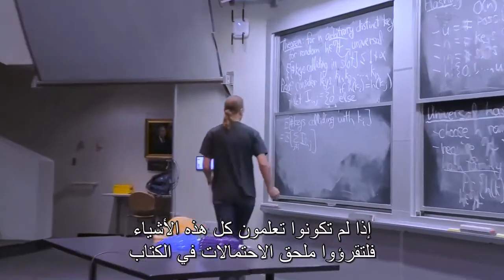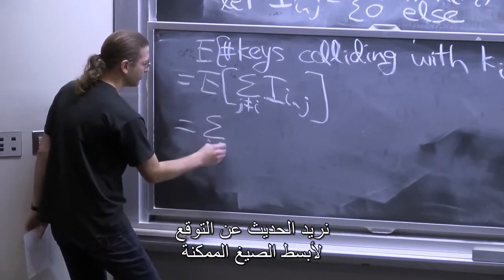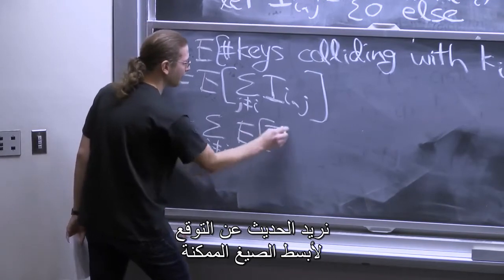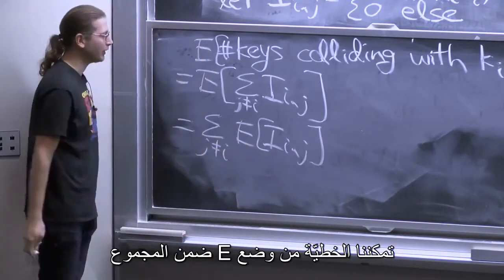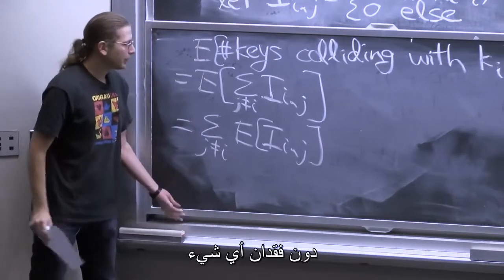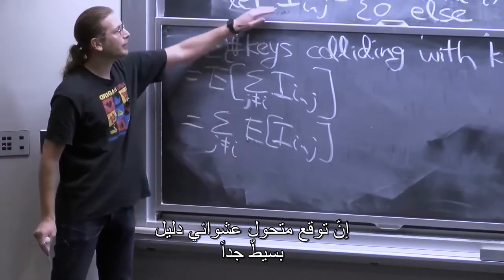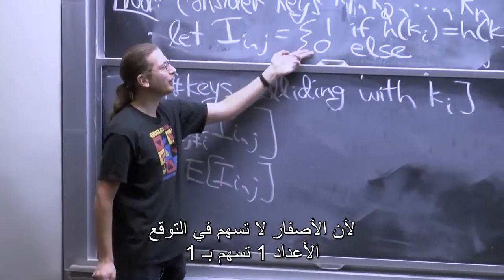If you don't know all these things, read the probability appendix in the textbook. So we want to talk about expectation of the simplest thing possible. So linearity lets us put the E inside the sum without losing anything. Now, the expectation of an indicator random variable is pretty simple because the zeros don't contribute to the expectation.